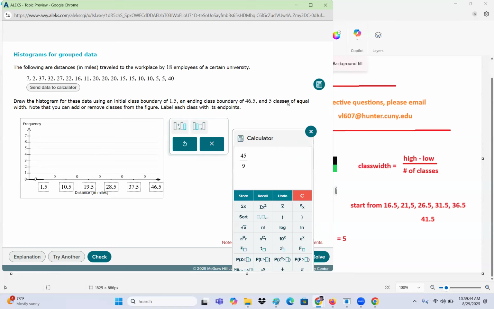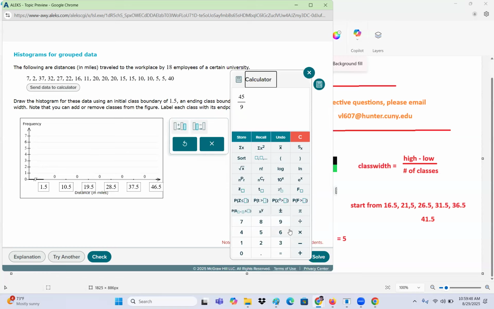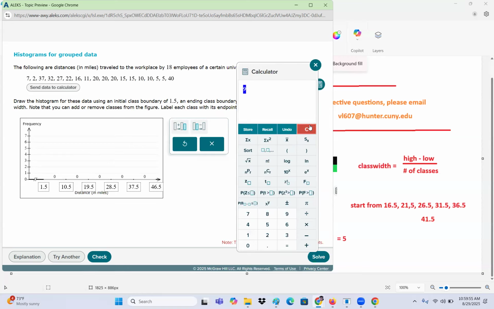The question says 5 classes, right? Okay, we divided by 5 and got 9, right? Afterwards, we start from the initial boundary, which is 1.5, and plus 9, and from there plus 9, plus 9, plus 9, plus 9. So we should have 1 class, 2 class, 3 class, 4 class, 5 class.